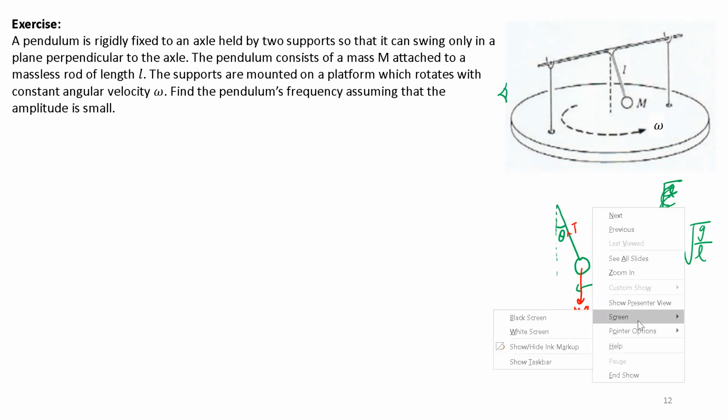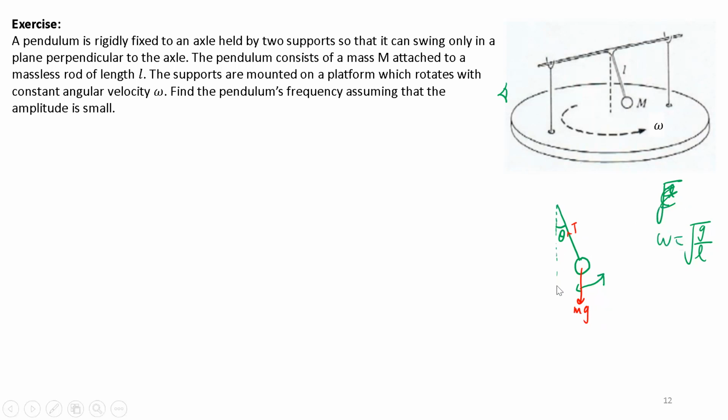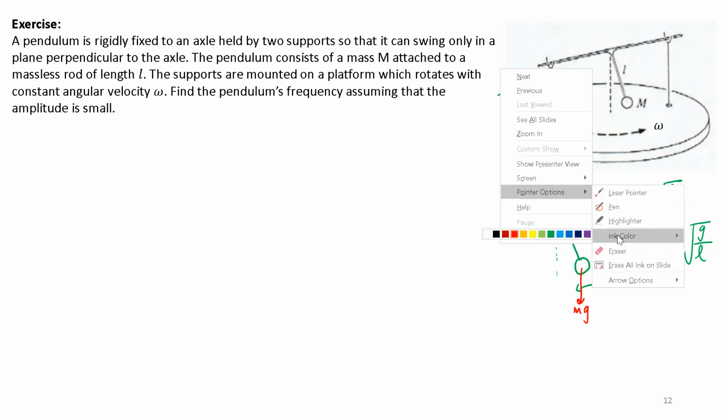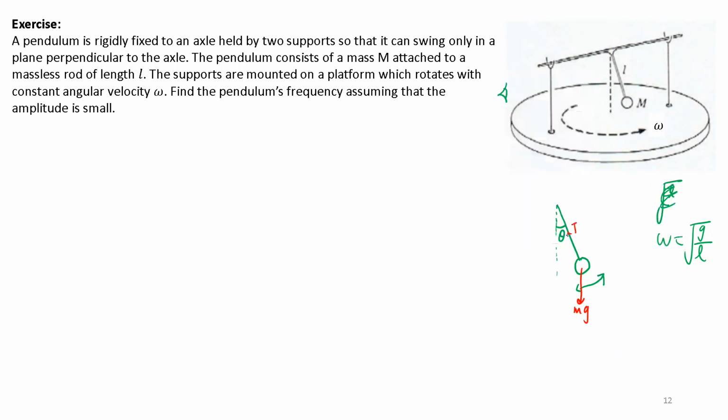Remember, the whole thing is rotating about this vertical line here. So the centrifugal force would always be away from the rotation axis, this way. This is the F centrifugal.